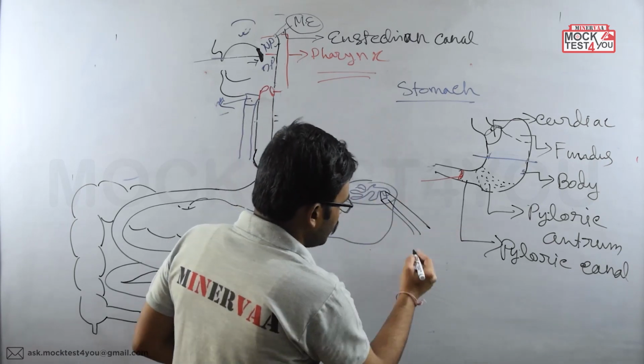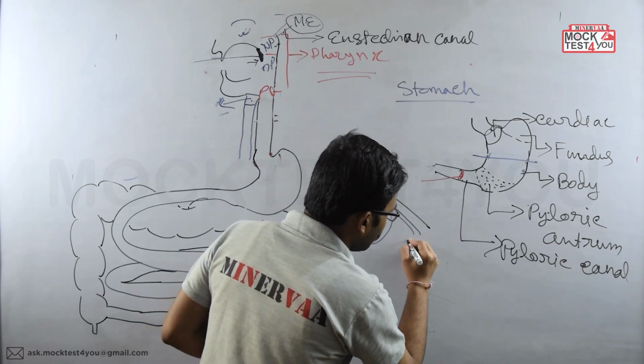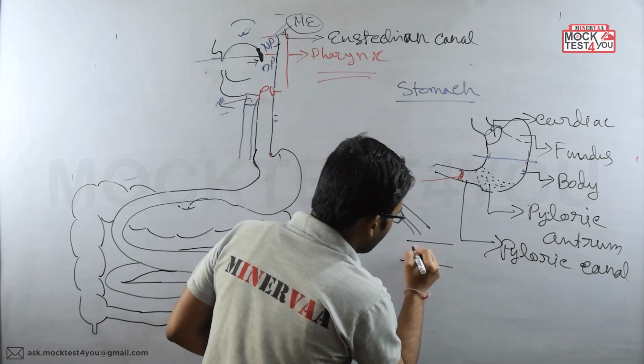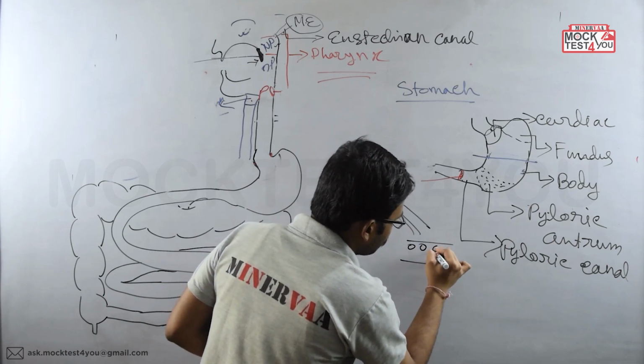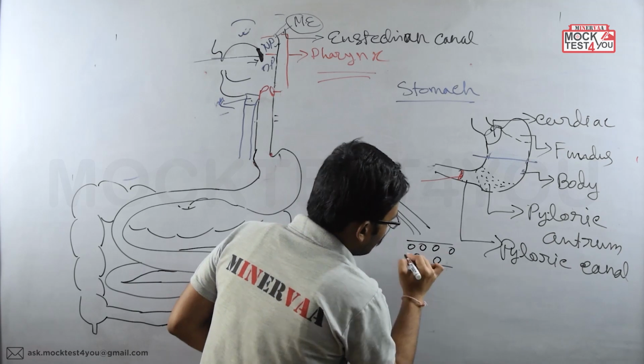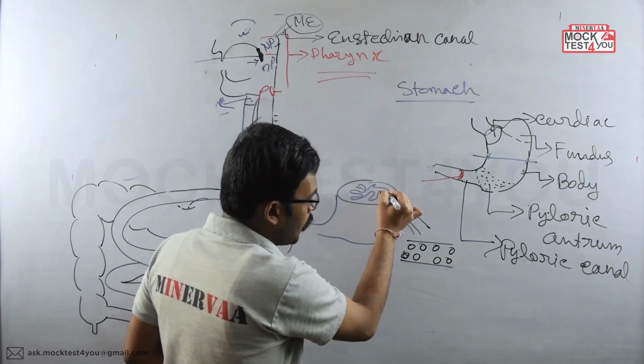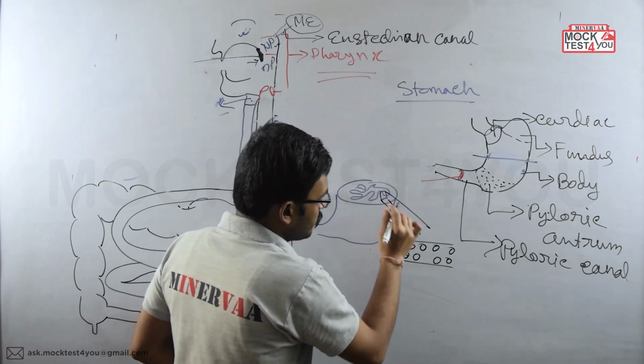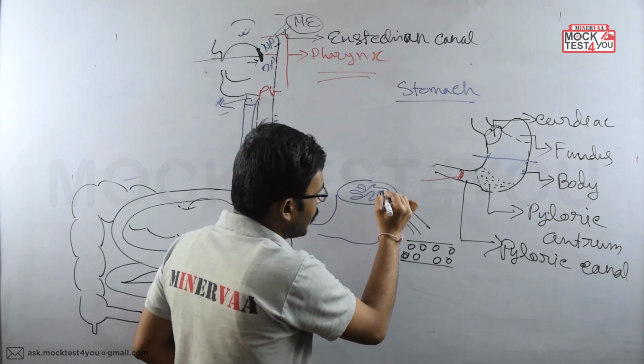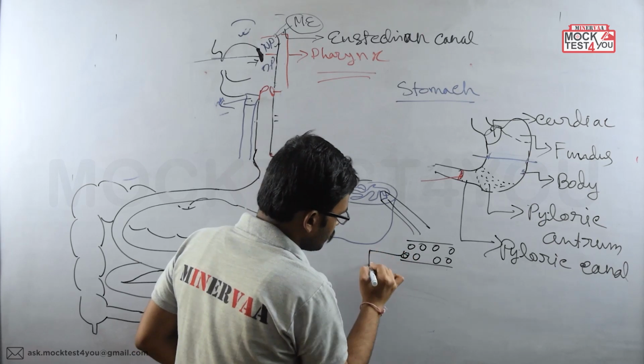Here the inner wall will get many pits, like this. These are called gastric pits, on the surface of the inner wall.